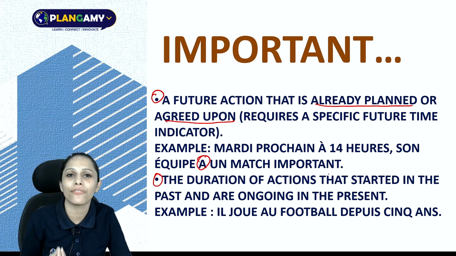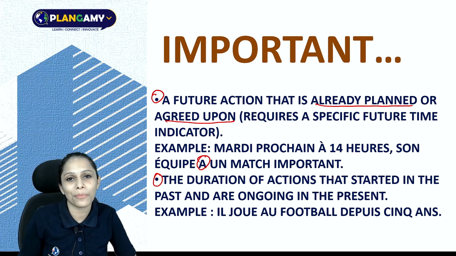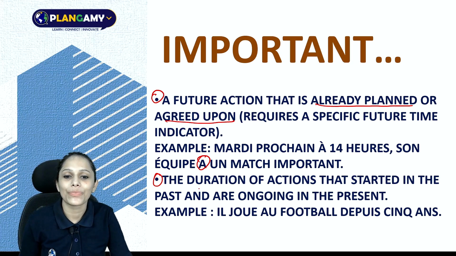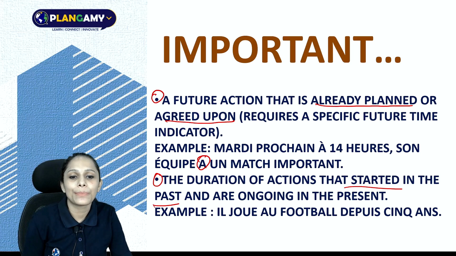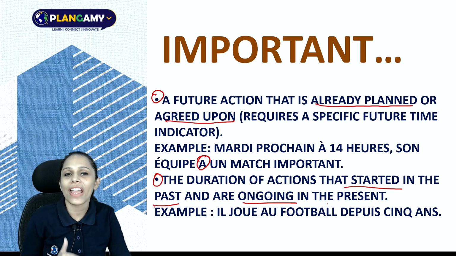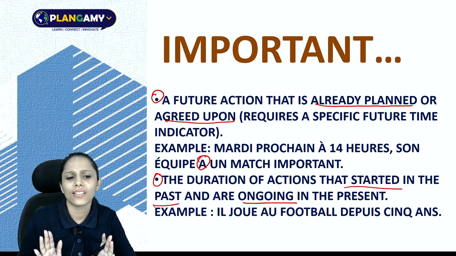Here they have used the verb avoir in the present tense in order to talk about a future action in present time. Now, the duration of actions that started in the past and are going on in the present, ongoing. So I have highlighted started in the past and ongoing in the present. I hope that this is clear to you.